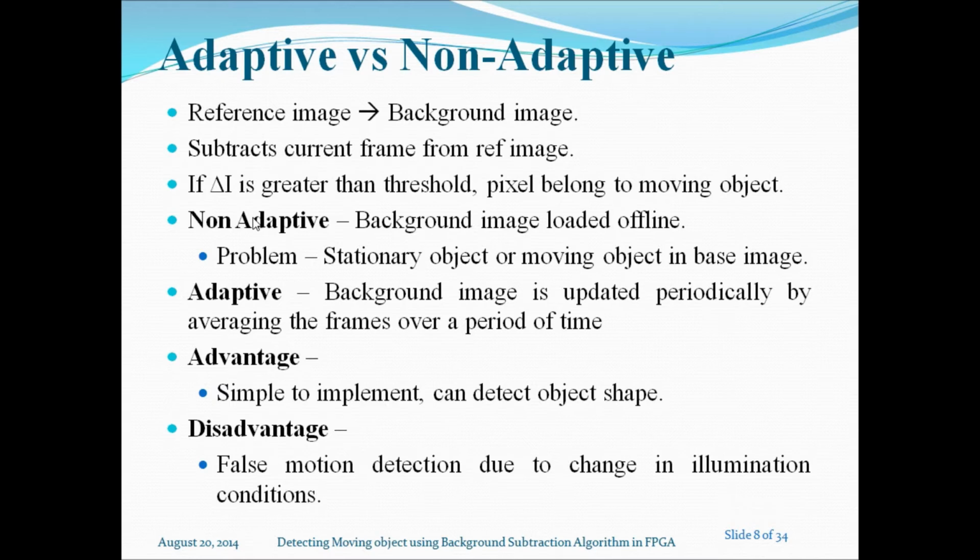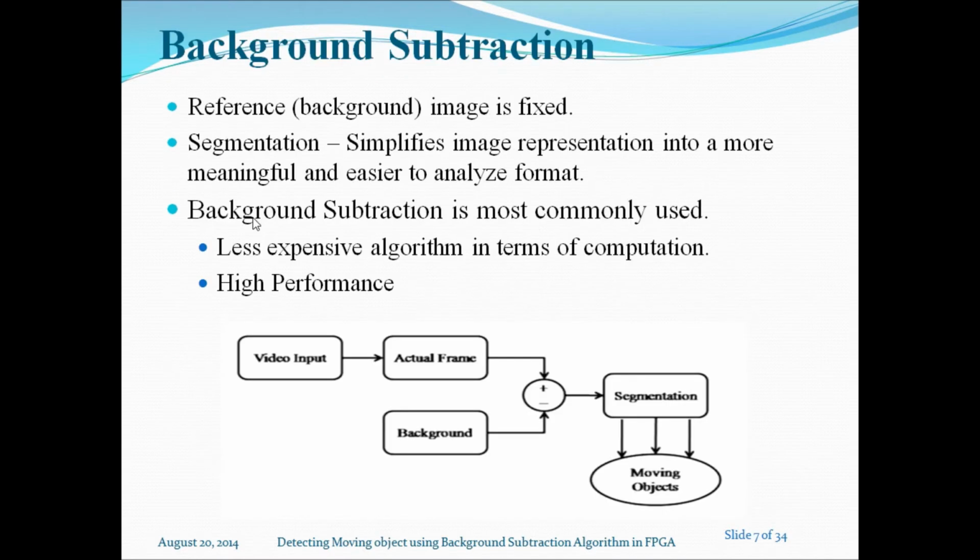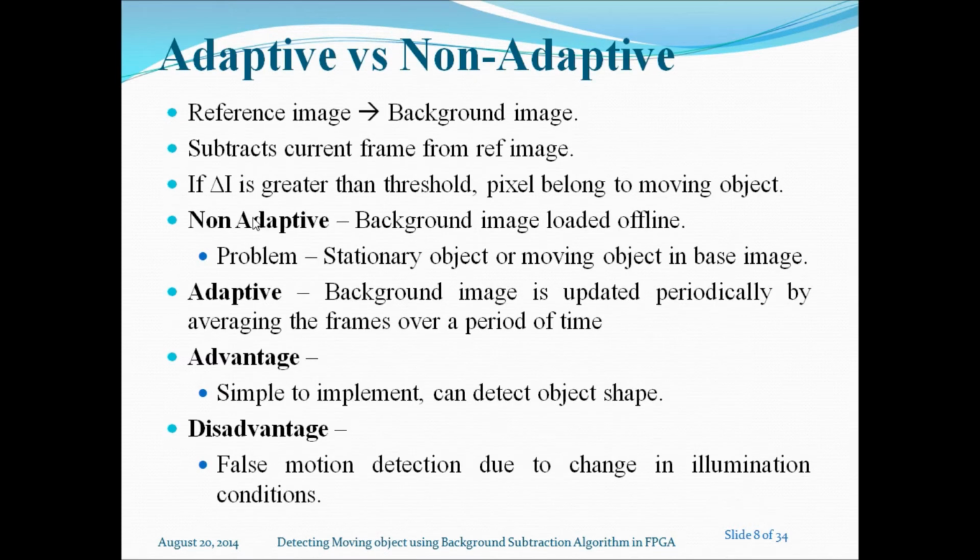Background subtraction is one of the most used techniques, as it is simple to implement and has less computational complexity. The previous diagram shows the background subtraction process. Background subtraction could result in false motion detection due to change in illumination conditions of the input image.